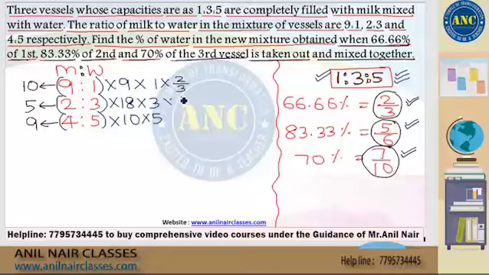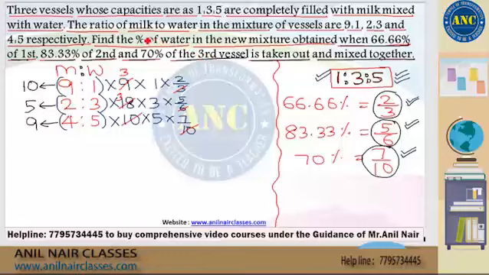So many problems we have solved today morning using the same concept, sir. If I simplify further, this 10 will cancel with this 10. Then 6 into 1, 6 into 3, they will cancel. 3 into 1, 3 into 3, they will cancel again. What else can I cancel in this ratio? I cannot cancel anything else.